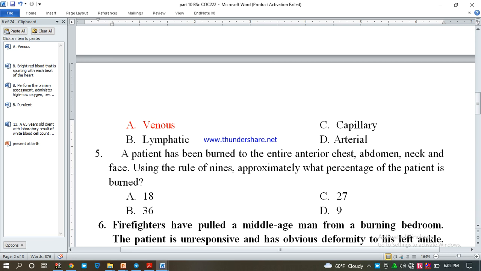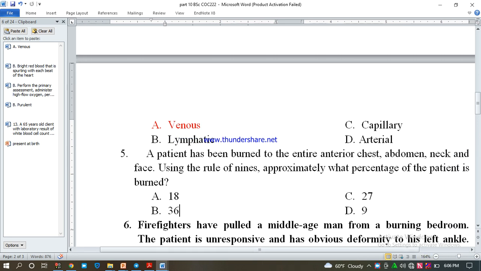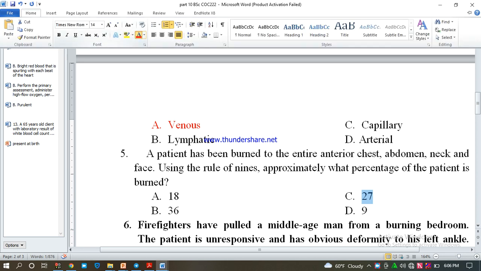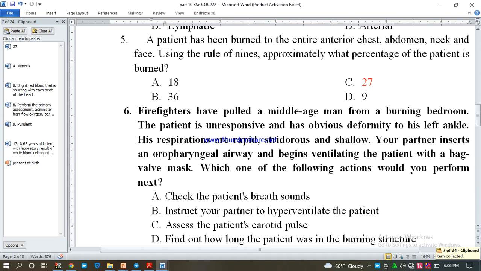Together 18 plus 9 is 27. So the correct answer is C.